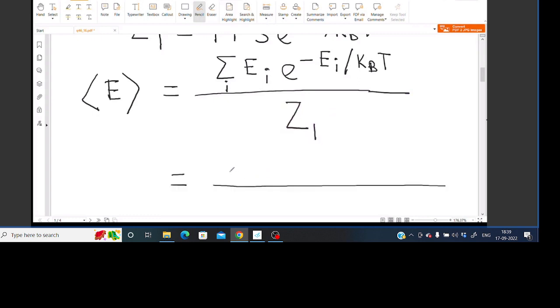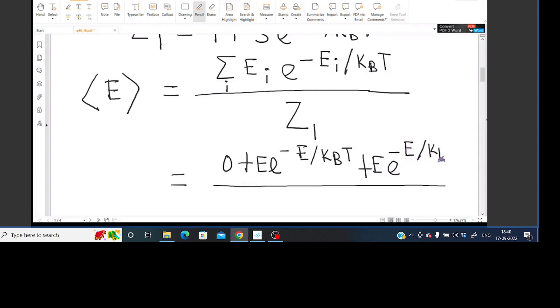So this will be equal to 0 plus e to the power minus E by kBT plus E into e to the power minus E by kBT plus E into e to the power minus E by kBT, and Z1 is equal to 1 plus 3 into e to the power minus E by kBT.